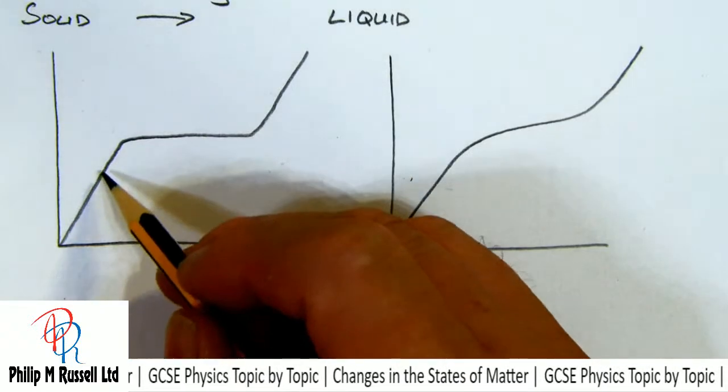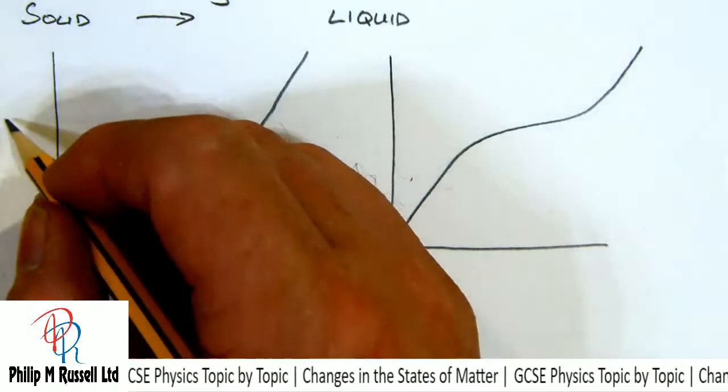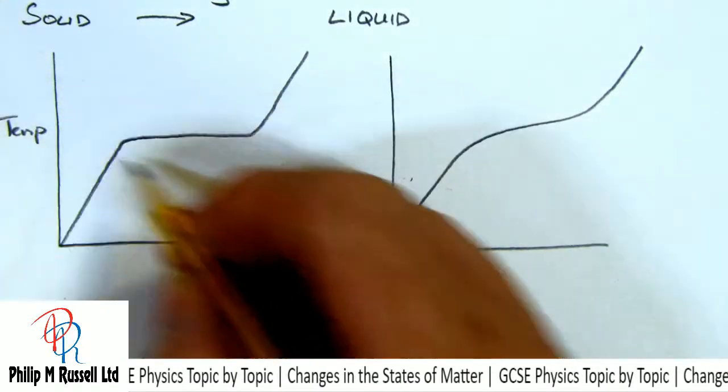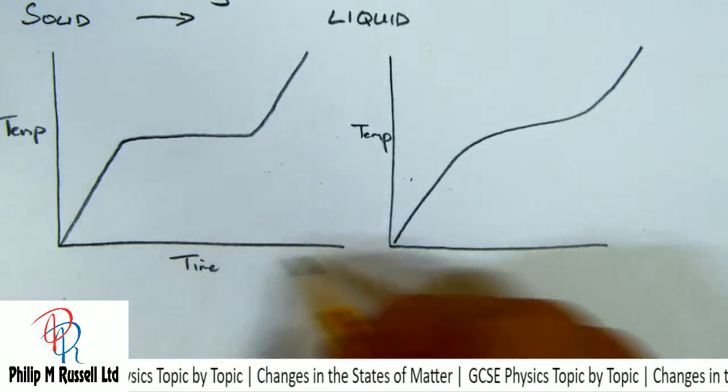If we looked at individual atoms, it's probably going to be more like this. So this here is temperature on this side and time at the bottom.